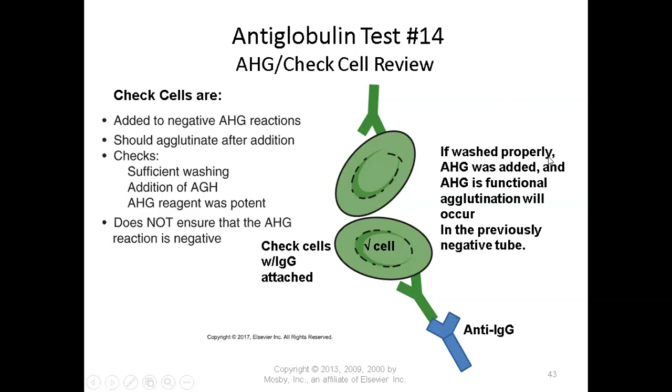So if washed properly, AHG was added and AHG is functional, agglutination will occur in the previously negative tube, okay? So here we have our check cells, and they have IgG attached to them already. And here we have our anti-IgG that's going to bind to the check cells. So the check cells are going to be agglutinated.